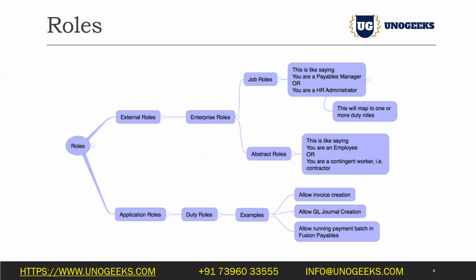What is an abstract role now? Abstract role is a more generalized version of your job role. So, like you are a payables manager or you are a general accountant, but are you an employee of that company, or are you a contingent worker for that company, or are you a third party vendor for that company?